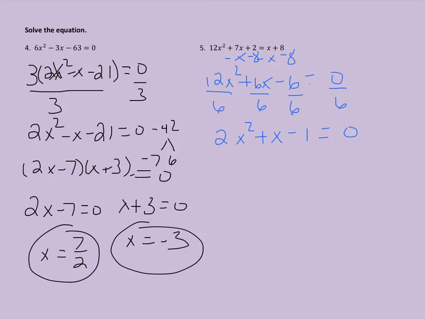So negative 2 has to multiply to negative 2 and add to 1. Positive 2, negative 1. So 2x, x. 1 multiplies 2 and equals 2. Positive 1. What do I multiply 1 by to have it equal negative 1? Negative 1.